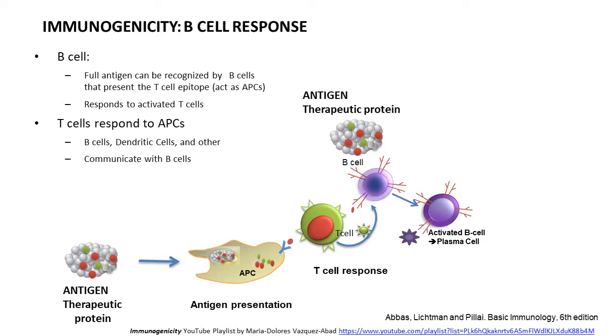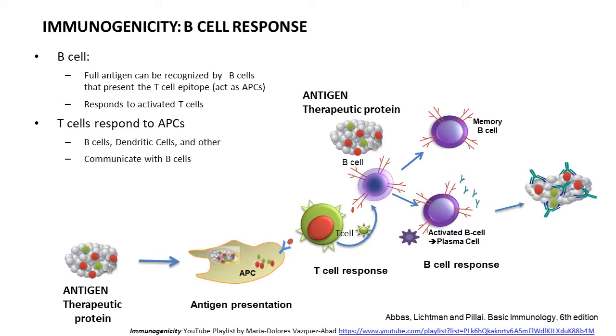But an important part of this whole T cell activation is the production in the B cell response of memory B cells. Now, not all of the immunogenic responses will have memory, but if they do, it is very important for us to understand if the patient is presenting with a primary response, which is the first activation of the B cells with anti-drug antibodies, but they could disappear.